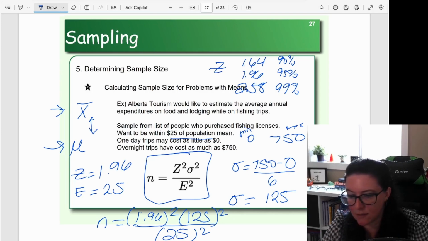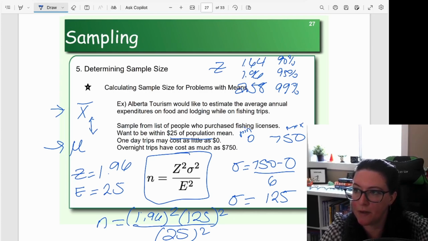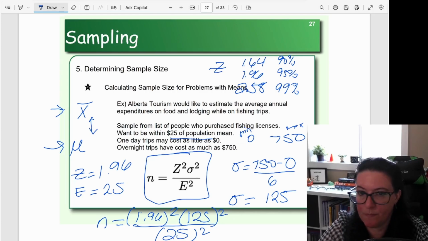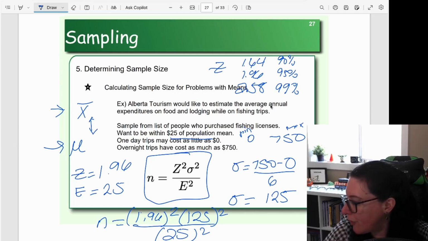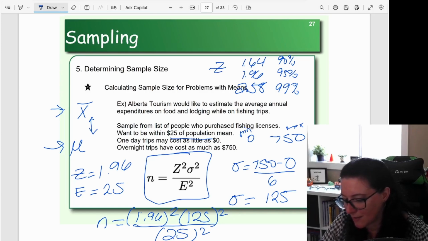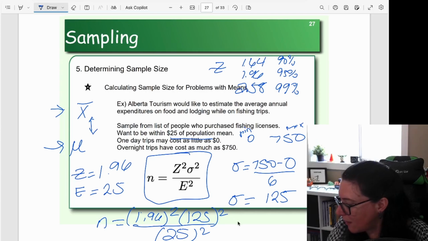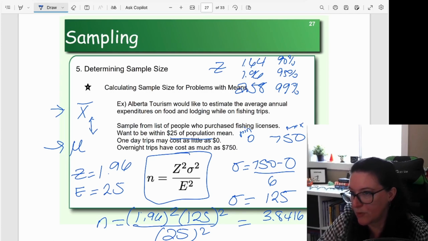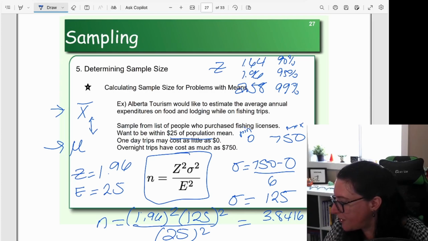Let me see if I can pull up my calculator here. All right, let's try this. 1.96 times 1.96 is basically 3.8416. 125 times 125 is 15,625.